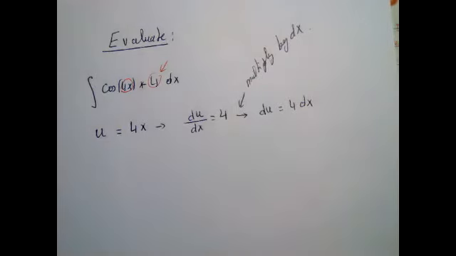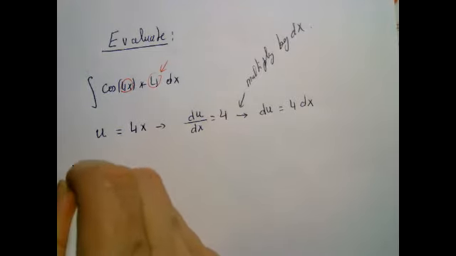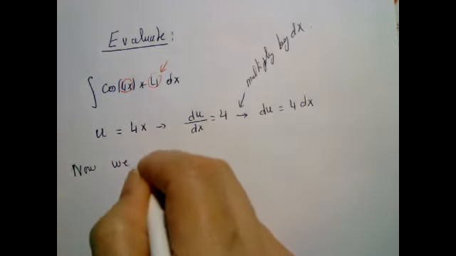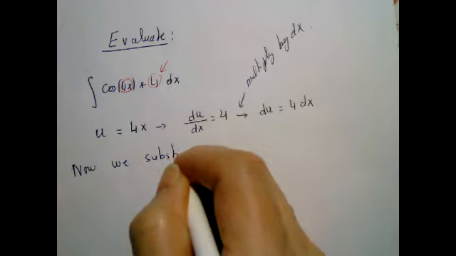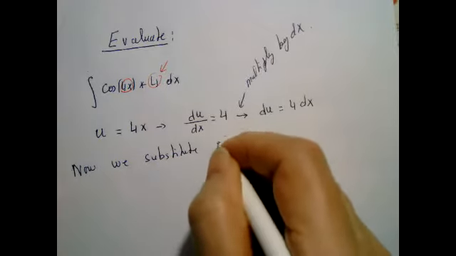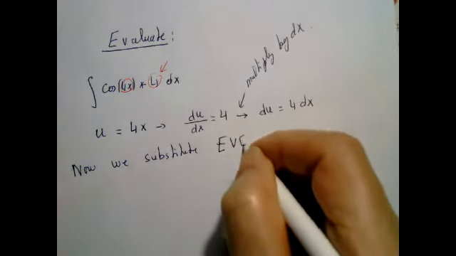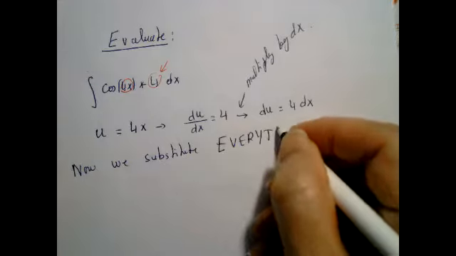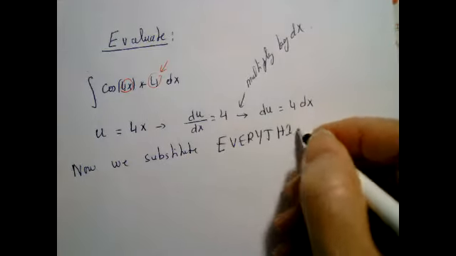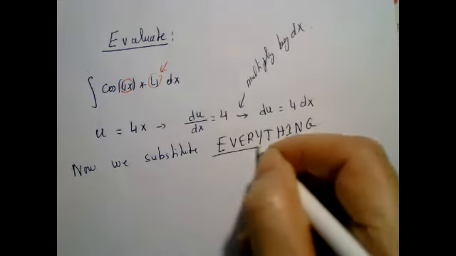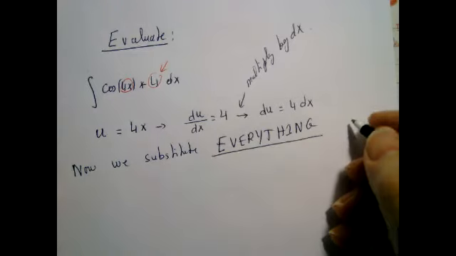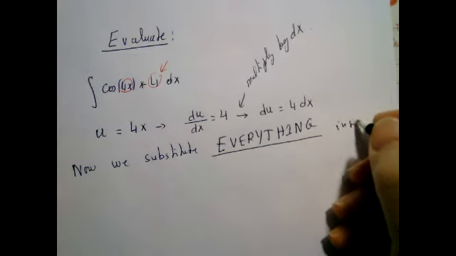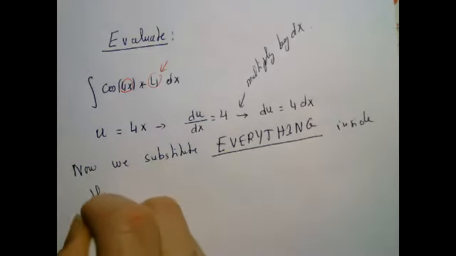Okay. Now, we substitute, and that's the crucial part. We substitute everything, and I'm going to write everything in capital letters, because we substitute everything in the integrand inside the integral in terms of u.